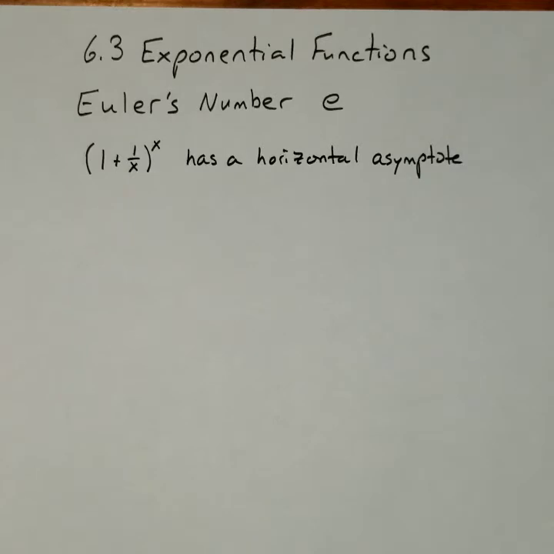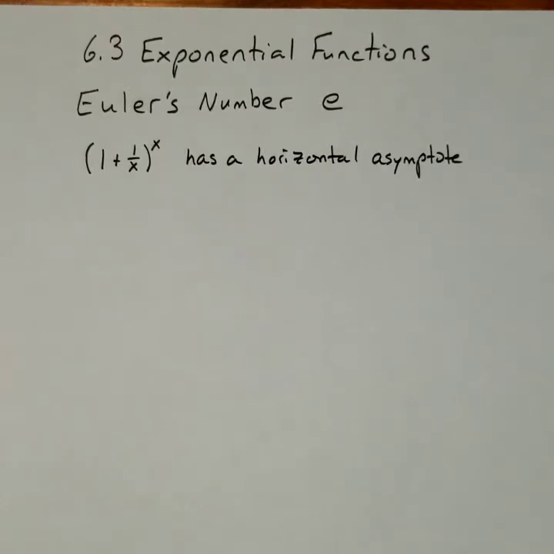In fact, it's something called an irrational number. It has a decimal expansion that doesn't terminate and it never repeats, so it just goes on and there's no pattern to it.